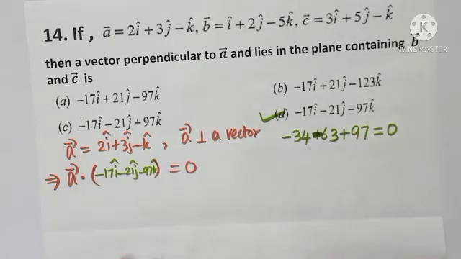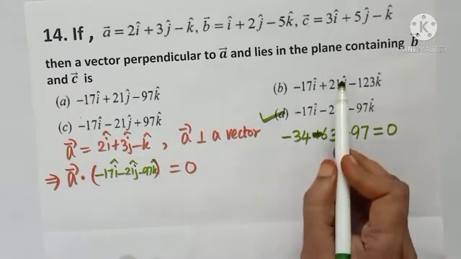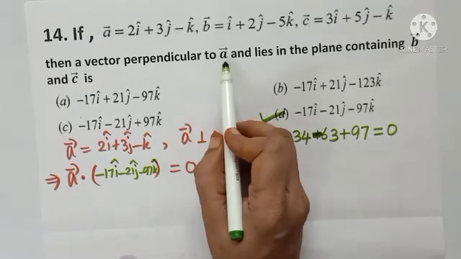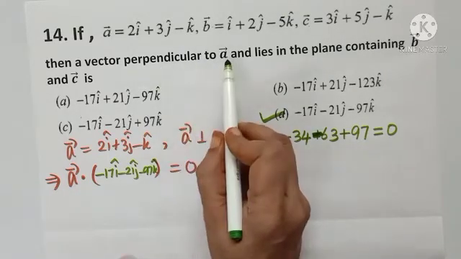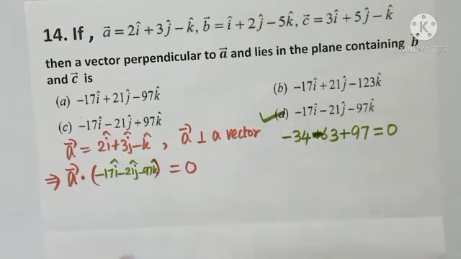Anyway, I checked with A. Similarly, you check with C option and B option. So with the first condition, that is perpendicular to A, I am able to bring D option to be right.